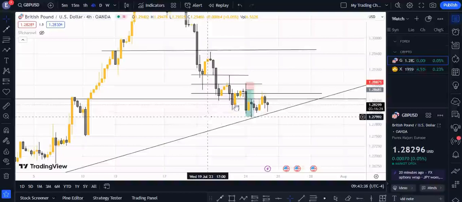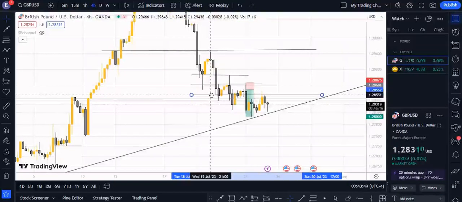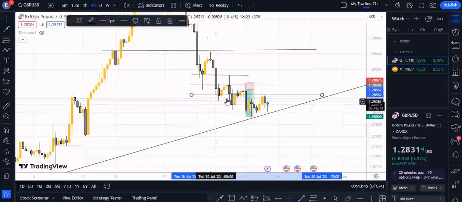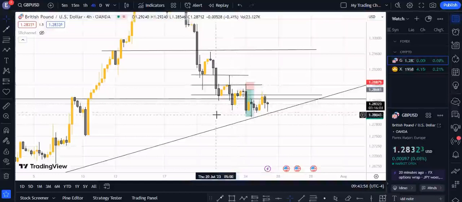But when the market traded back to this low right here, it broke this low with a momentum candle. Then we have to figure that the market might start trending to the top side. But what the market did is that the market started creating.